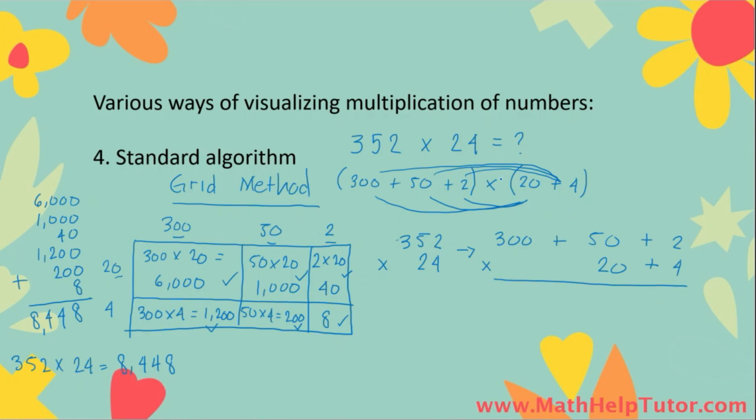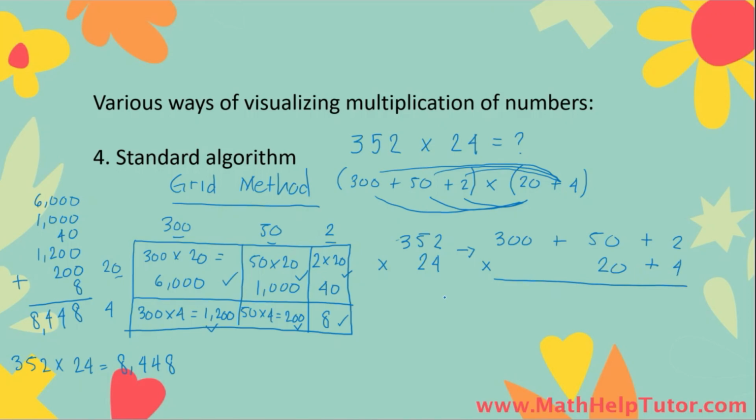So we can do the same thing. We can distribute and multiply each of the places of the first number to each of the places of the second number. And then we write the answers below this line, and then we can add the results of the multiplication steps.